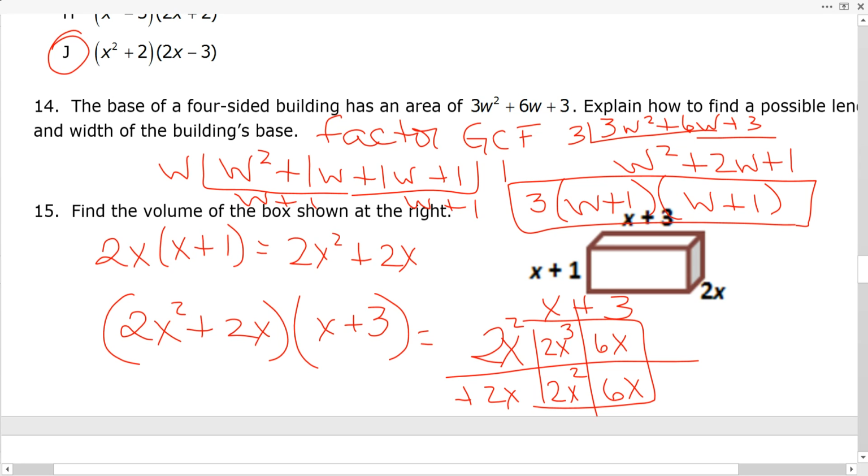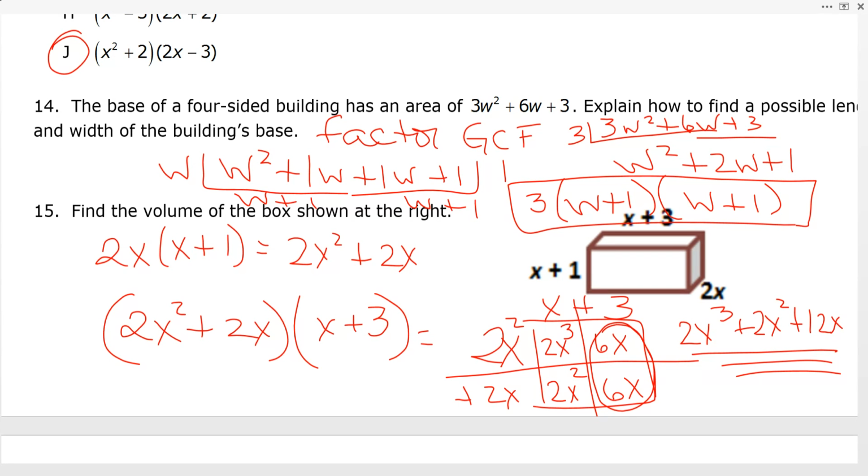So I end up with 2x to the third, and then the like terms add together there, plus 8x squared plus 6x is the answer.